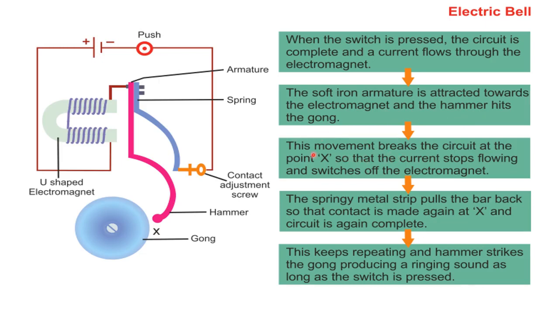Moving on, this movement breaks the circuit at point X so that the current stops flowing and switches off the electromagnet.